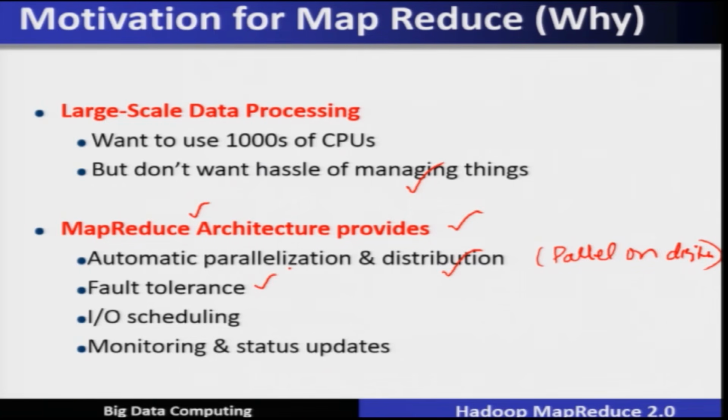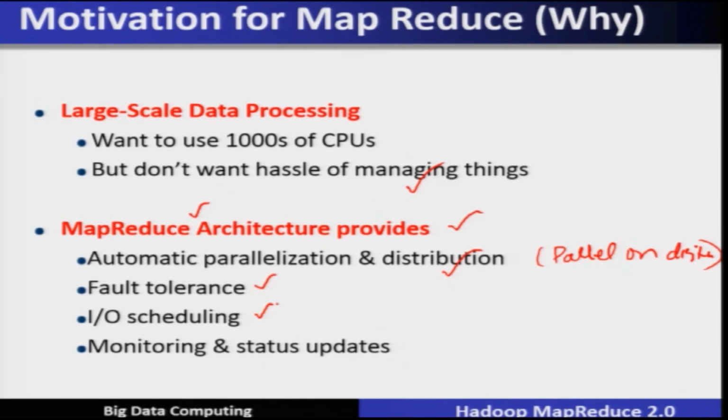Automatically the parallelization and distributed computation is performed. Another important part is failures. Fault tolerance is also supported in the MapReduce architecture, and the programmer does not have to bother about that. Automatically it is taken care of, provided the programmer gives sufficient configuration information, so that fault tolerance is handled in different applications.